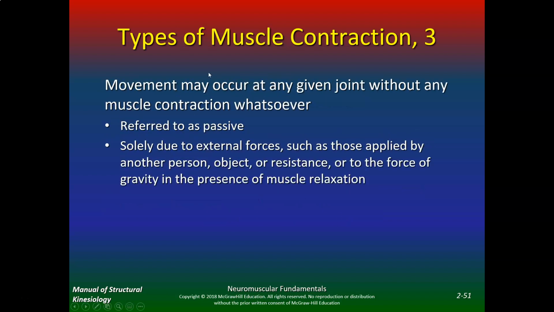So let's take a look here. Movement may occur at any given joint without any muscle contraction whatsoever. That's referred to as passive, solely due to external forces such as those applied by another person. So let's say you had a rotator cuff injury and the doctor just did surgery. Well, for the first 4 to 6 weeks, we might just do passive range of motion where the therapist or the athletic trainer may just passively move it, where the patient is not actively moving.